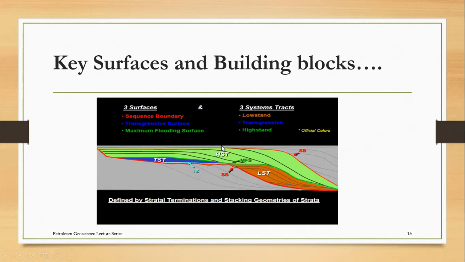So this sequence is bounded by unconformities, and their correlative conformity. This conformity is correlatable to this. I don't know if you're clear now. Yes, I'm very clear.